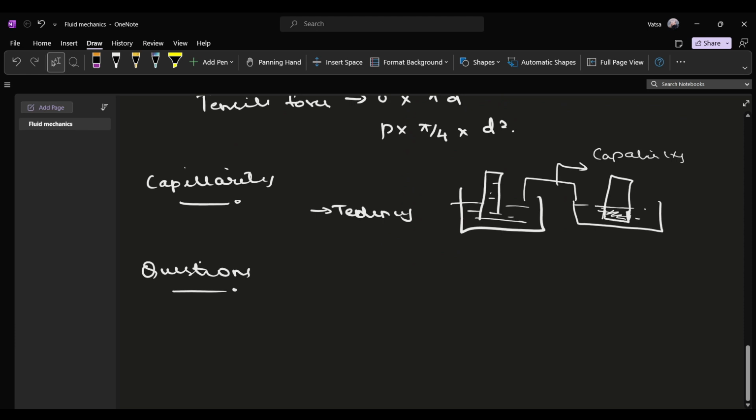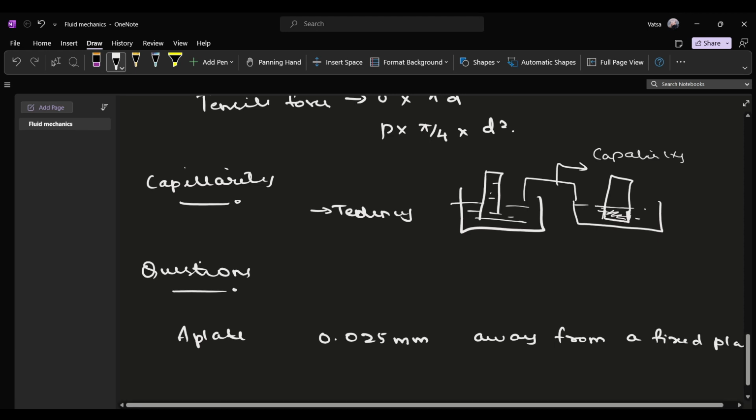So let us assume that a plate is 0.025 millimeter away from a fixed plate.